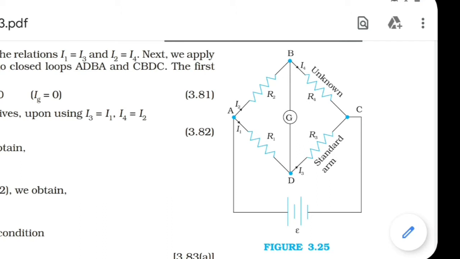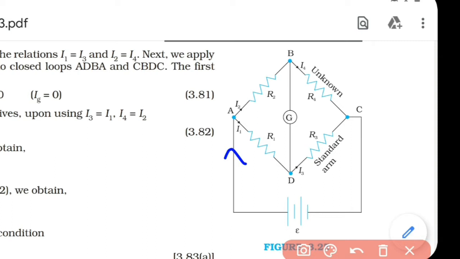In this Wheatstone's bridge, you can see the current sent by the battery reaching A. At the point A, it splits into I1 and I2. So current through R1 is I1 and current through R2 is I2.